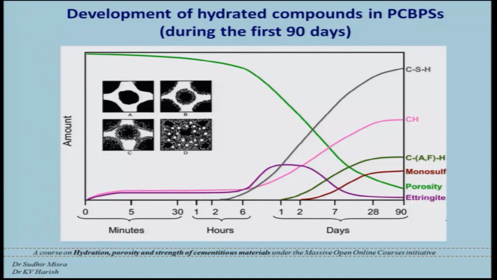Remember that in this figure the amount is not clearly specified, how much and all those things, primarily because you do not know the water to cement ratio that is originally taken.